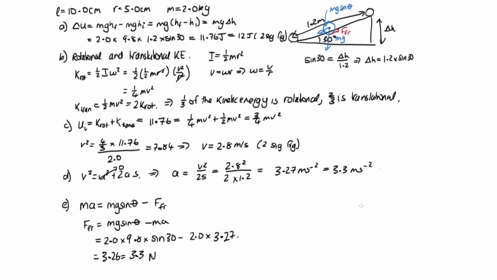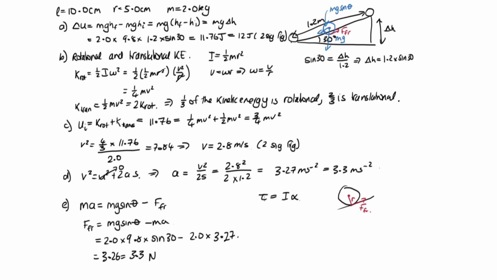There is actually another way to do it as well by considering the torque. So if we imagine the cylinder on the slope, we've got the frictional force pushing it up this way, and that is producing a torque at radius r. So what we can do is we can use Newton's second law for rotation, which tells us that the sum of the torques, in this case there's only the one torque caused by this force here, is equal to I alpha.